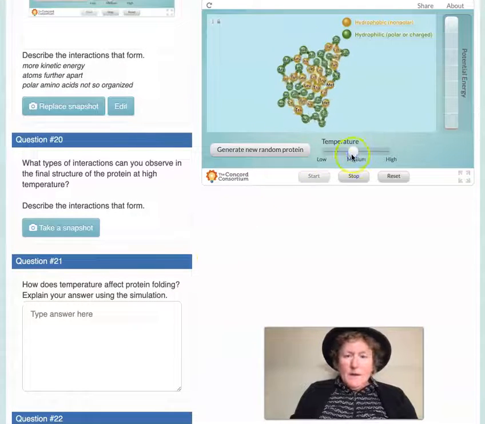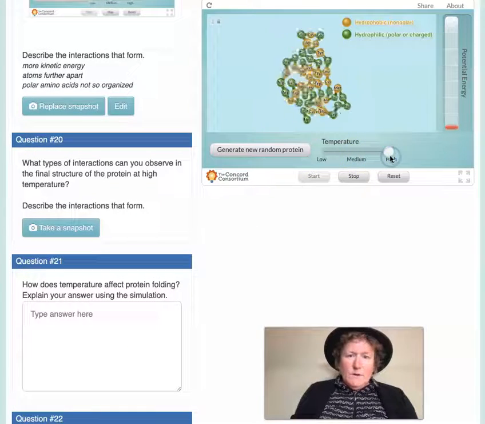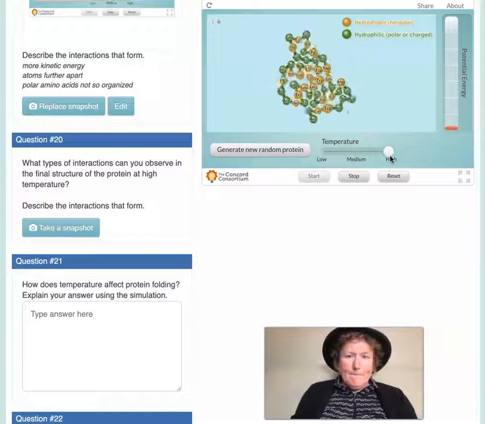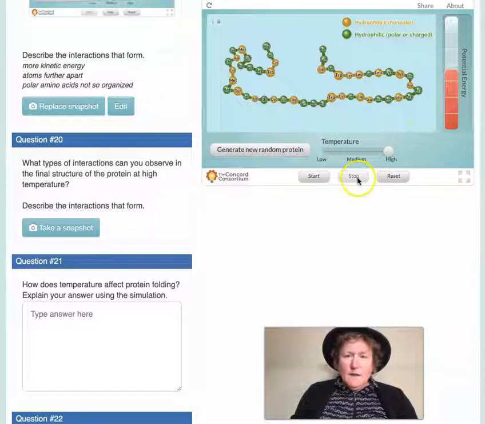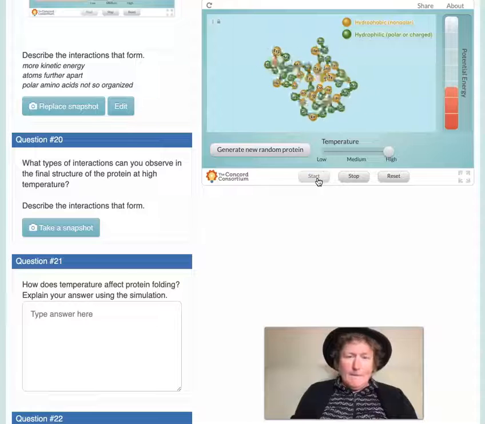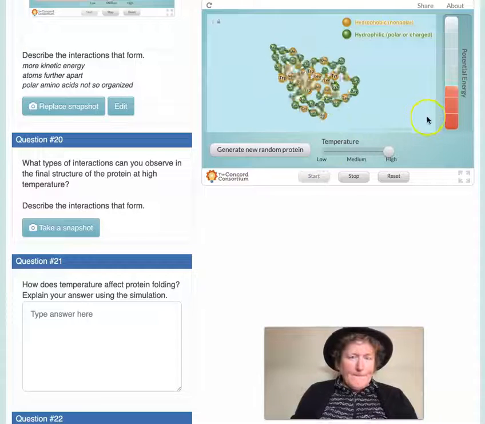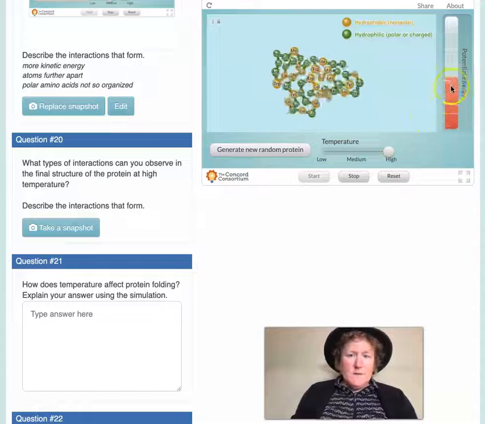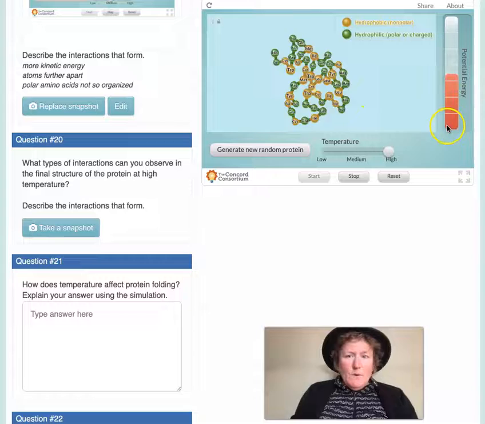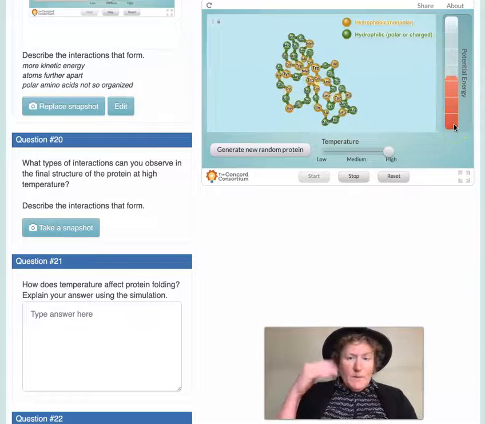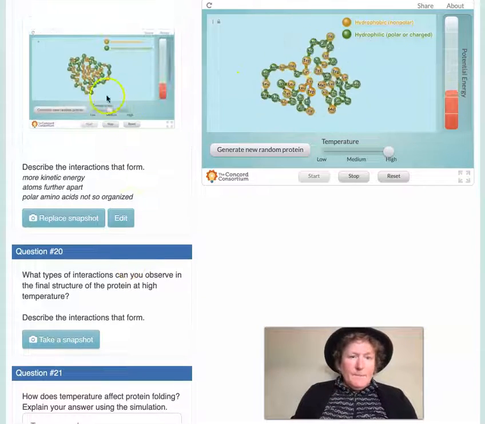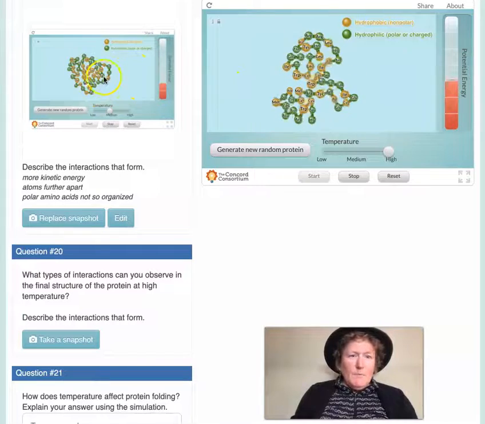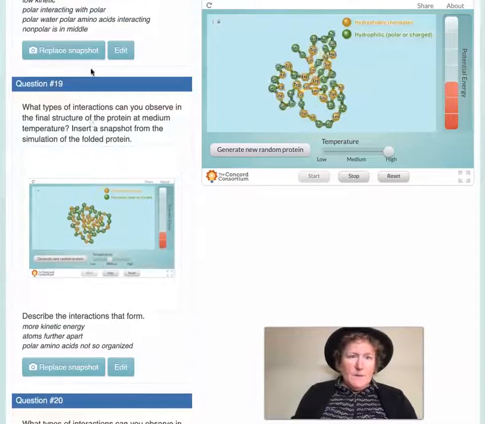Let's turn up the heat here and see what interactions we get. Let's reset this and start again. So we can see the potential energy is pretty high. After a while, it does go a little bit lower, but it's very much fluctuating. And we can see that it's even a little bit looser than it was at medium temperature.